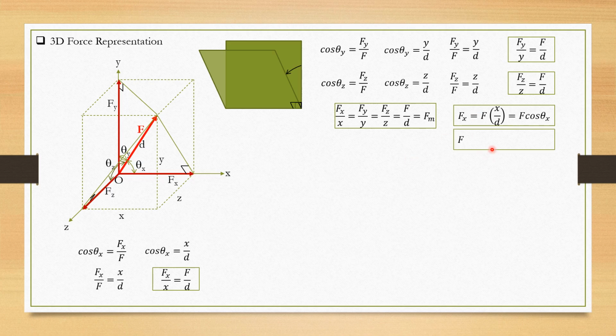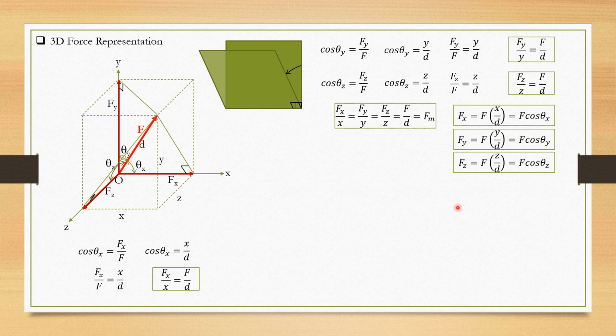The y component is equal to the magnitude of the force times the y component of distance over distance, or F cosine theta y. Fz is F z over d, or F cosine of theta z. So I hope you can easily remember that. Or simply component of distance times force multiplier. That's the component of a force along x, y, and z.